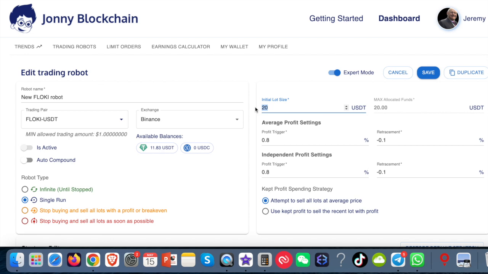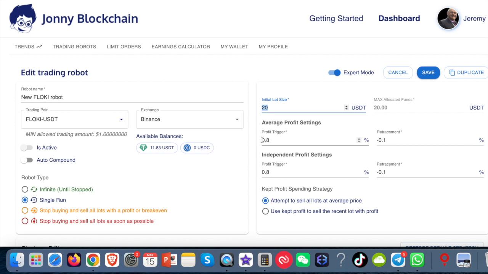The higher the price has got to go up for it to get its profit, because it's got to take into account the trading fees or blockchain fees, and it's got to make sure that you get a profit. So if it's set for, in this case, 0.8%, the market's obviously got to move up more than 0.8%, because that wouldn't get you enough profit.